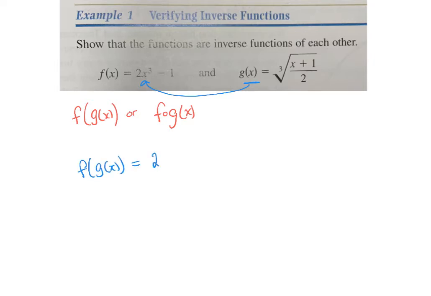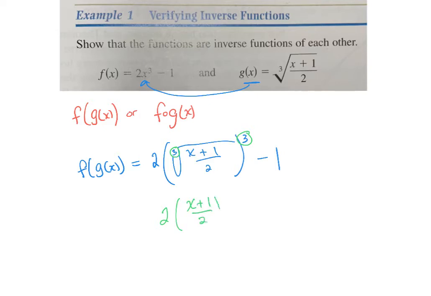So you would say f of g of x equals 2, and instead of x cubed, we're going to write the cube root of (x plus 1) over 2, cubed, minus 1. And then, of course, when you cube a cube root, the root just goes away. So we have 2 times (x plus 1) over 2 minus 1.